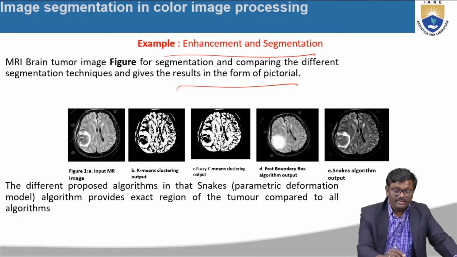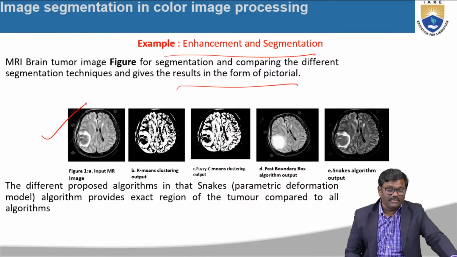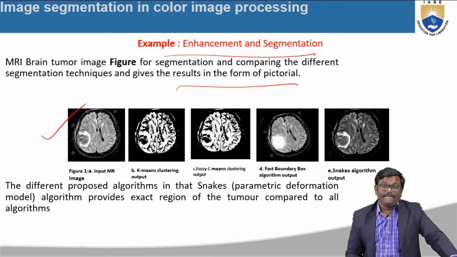So let you take your MRI image, which is a brain tumor. I'm using this image segmentation process to find this tumor in the brain. How do you find the size of the tumor? Is there any effect of the tumor on the brain?